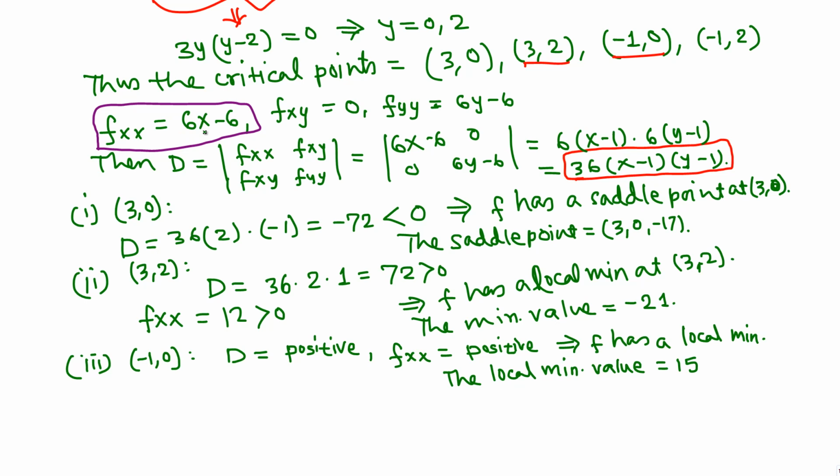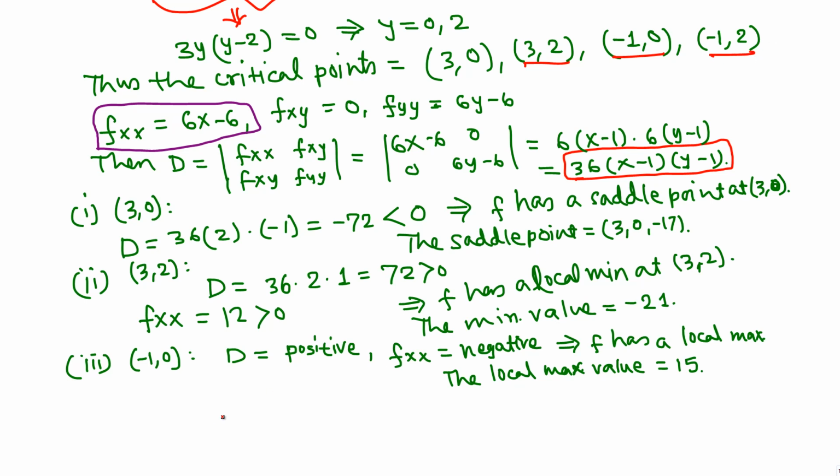When we plug in negative 1, it becomes negative. Okay, so I made a mistake earlier; it's negative, so let me correct that. We get fxx negative. That means the function has a local maximum at (negative 1, 0). That's the location, and the local maximum value is found by plugging (negative 1, 0) into the original function, and we get 15.